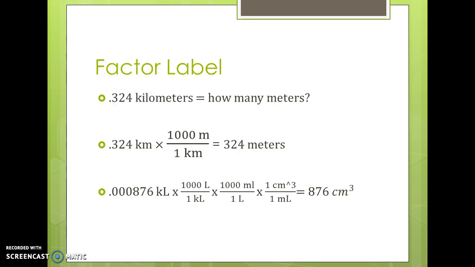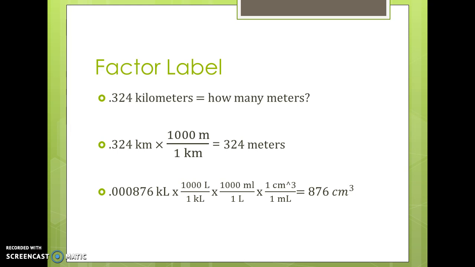So for factor label, this is literally the first week of our class. If they want to convert 0.324 kilometers to meters, they would first need to know how many meters are in a kilometer. So you can set up the problem like 0.324 times 1,000 meters over 1 kilometer.